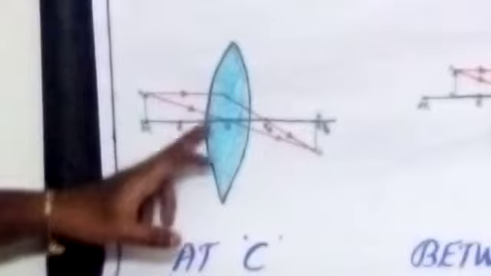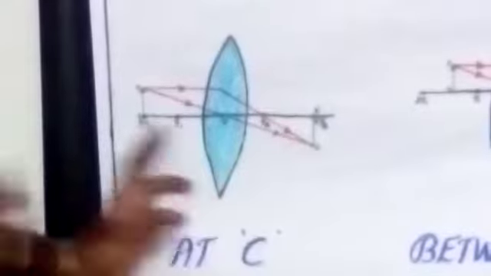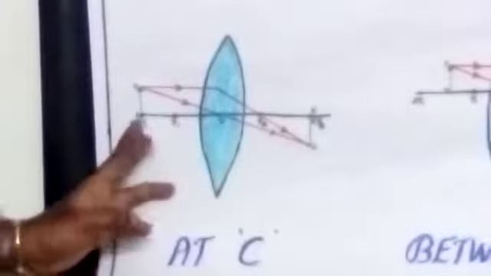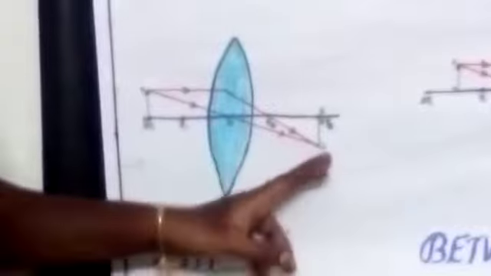If you are placing the object at the center of curvature, you are getting the image also at the center of curvature. So what about the size of the image? Same size as the object, and the nature of the image is real and inverted.